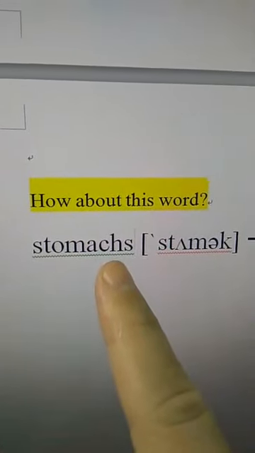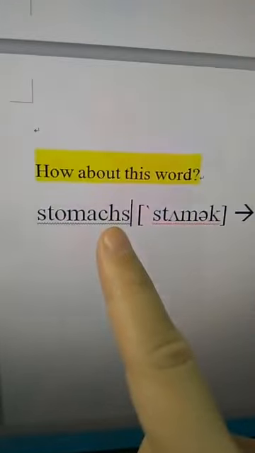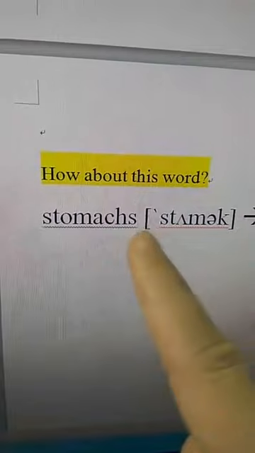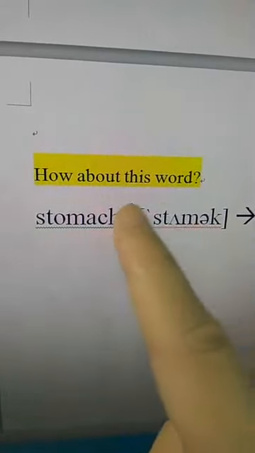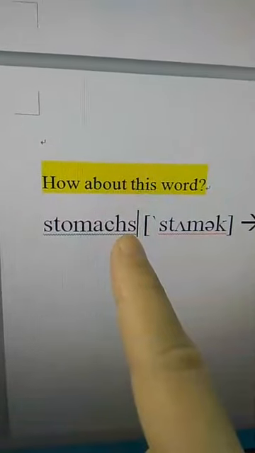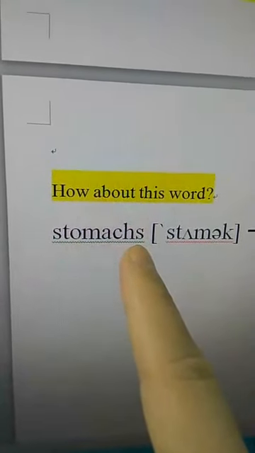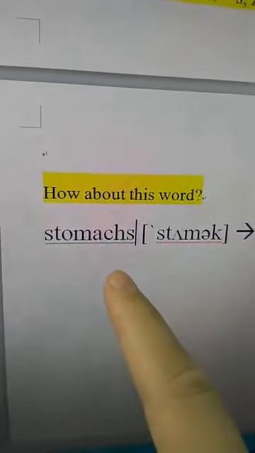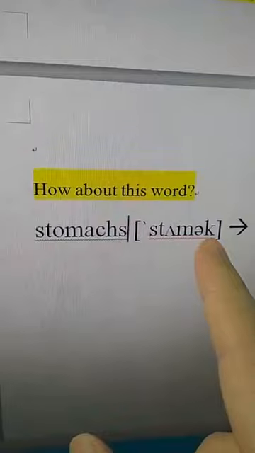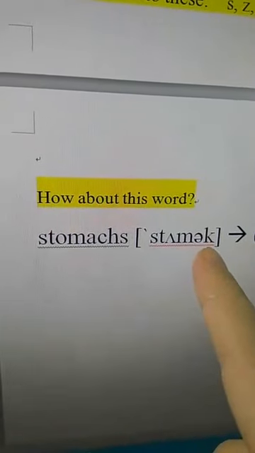But here, CH at the end of the word stomach is pronounced like k. The reason we add es is because the pronunciation is ch, but in this word, ch is pronounced like k.